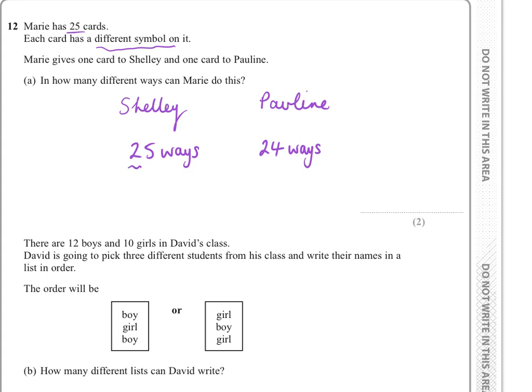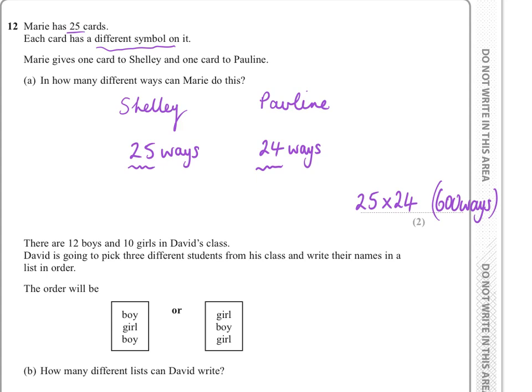So if there's 25 ways of doing the first card, having that issued to Shelley, and there's 24 ways for Pauline, the answer is just 25 multiplied by 24, and on the calculator that should give you 600 ways. Of course, if you were to do it like a tree diagram, then you would have 600 different branches at the end to choose from, which would be very time consuming, as you would agree.